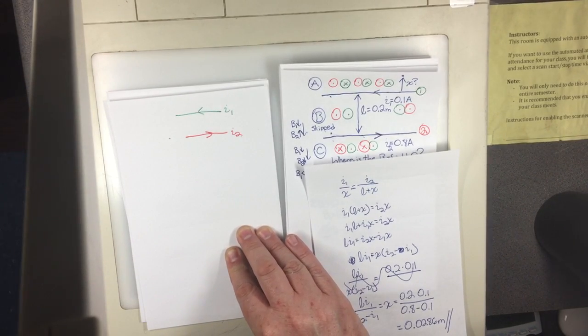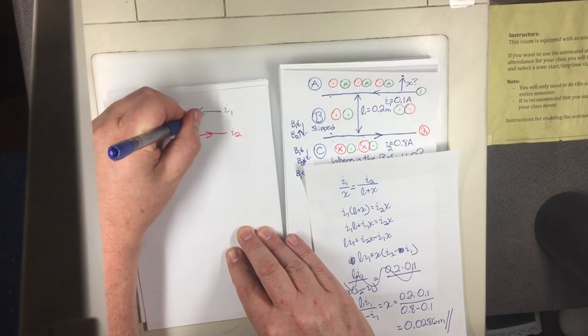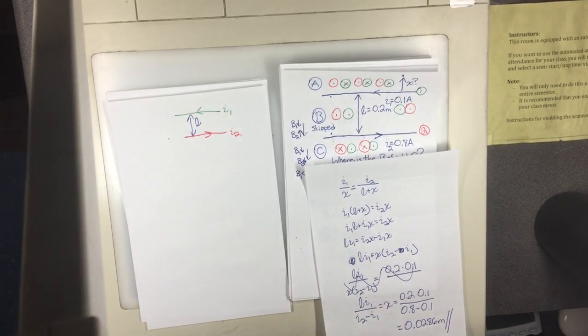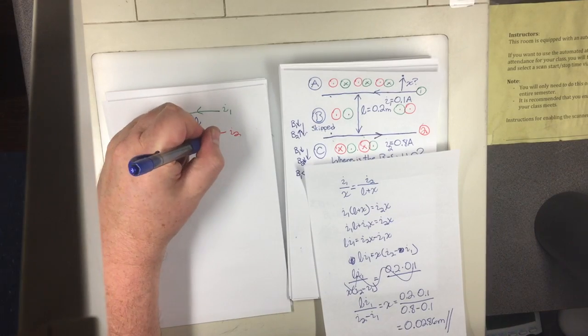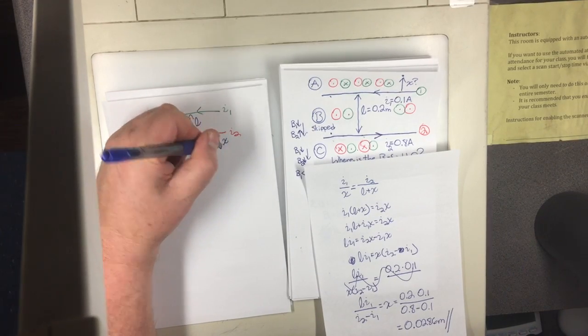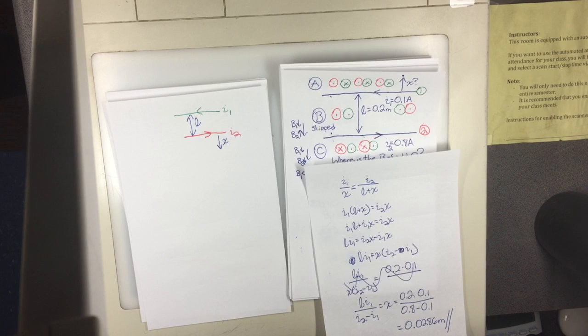So they got I1, I2, they still got L, but they said their X was not above I1, their X was below I2. And they went to find that value X, and this is a discussion of the third group.